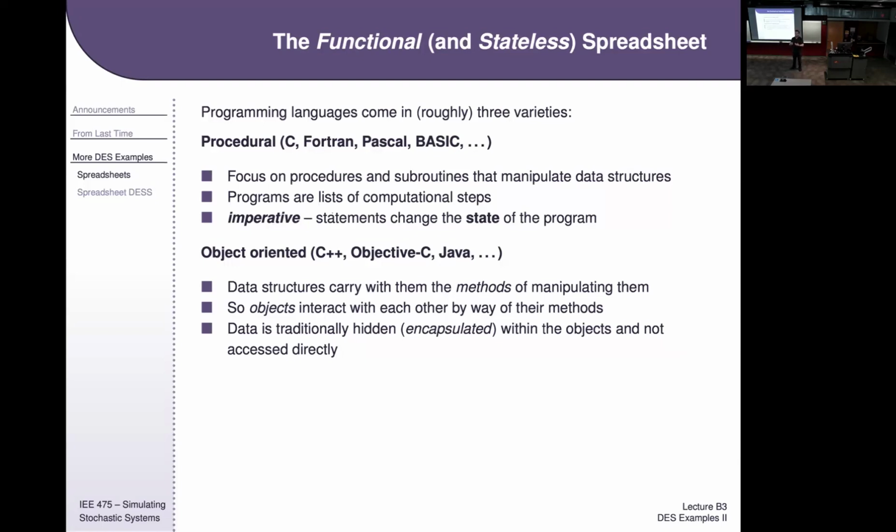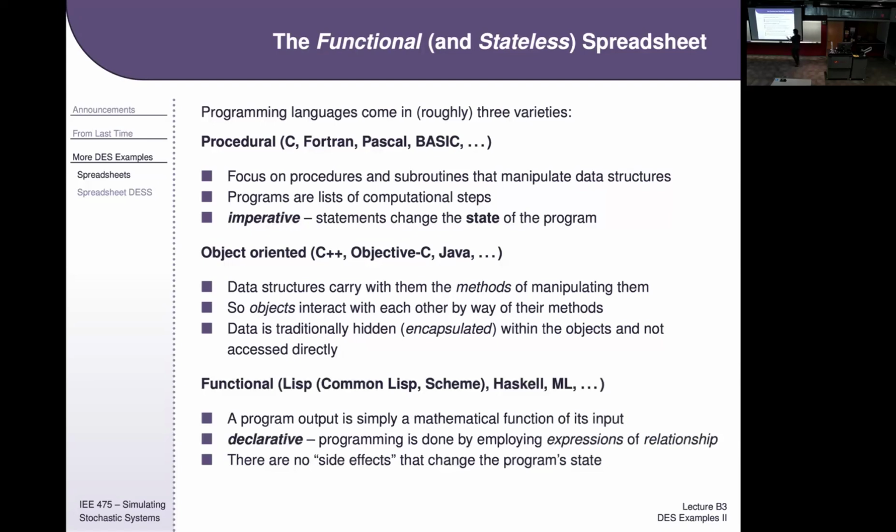And so rather than saying, I'm modeling a house whose lights are on or off, and you have a line that says lights equal on, lights equal off, instead of that, you just say, I'm instantiating a house, and then I'm going to say house.turn lights on, and then inside that object, it's going to change its internal state. It's almost like an attribute of that object, but it's still basically the same idea, that there are steps that you have to go through to change the state of the program.